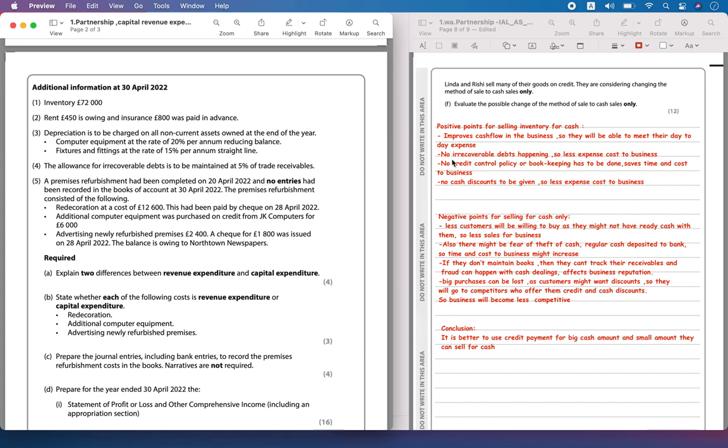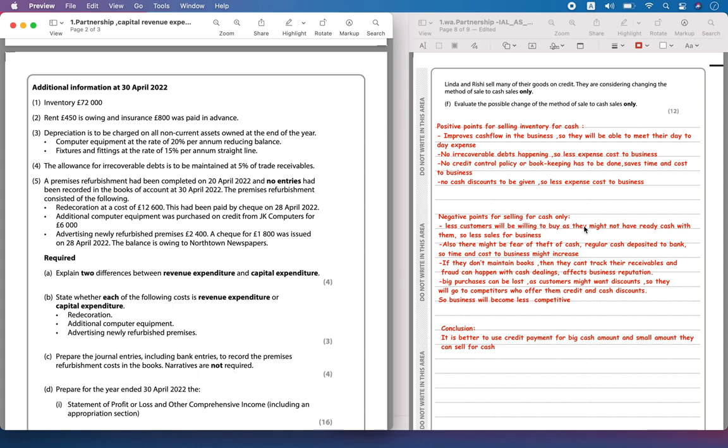Then there will be no irrecoverable debts, which means less expense to the business, and also no credit control policy or bookkeeping has to be done, so it is going to save some time and cost to the business. Also they don't have to offer any cash discounts, so less expense to the business.